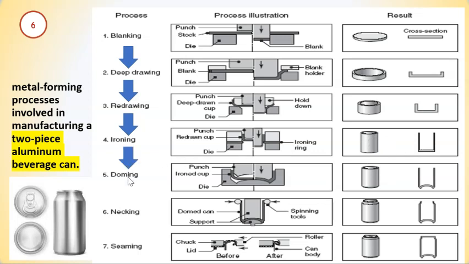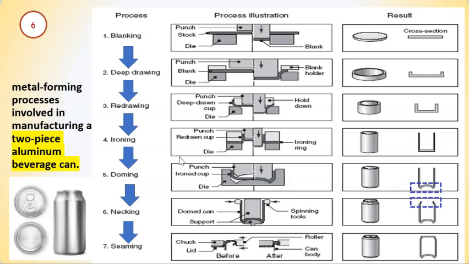Then you have the doming, in which you want to have the concave shape here. And then you have the necking, to have the neck for the cover later on, so you have this fold up here. And then the final one, you have the seaming, in which you combine the cover with the body.